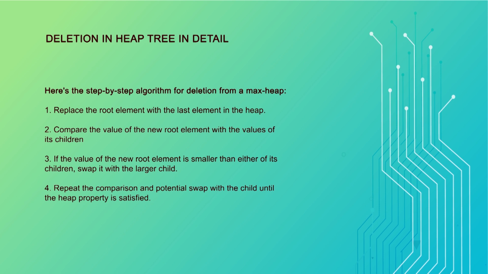The next step is to repeat the comparison and potential swap with the child until the heap property is satisfied. That is, the new root element is larger than both of its children or has no children left. This algorithm ensures the heap property is maintained after the deletion operation. The time complexity for this deletion operation is O(log n), where n is the number of elements in the heap, since the height of the heap is logarithmic with respect to the number of elements.